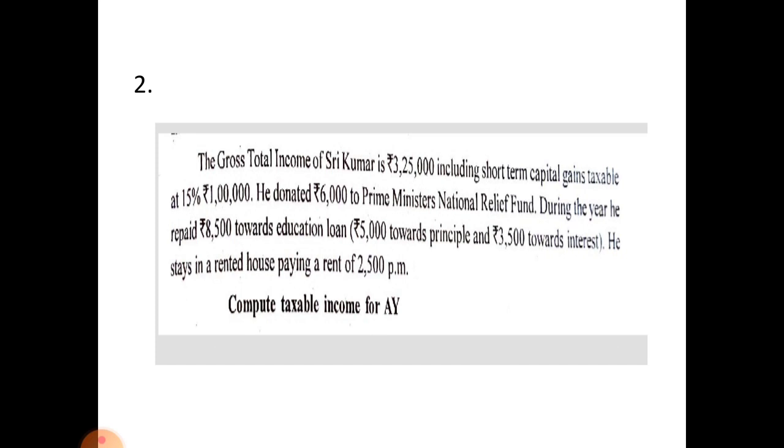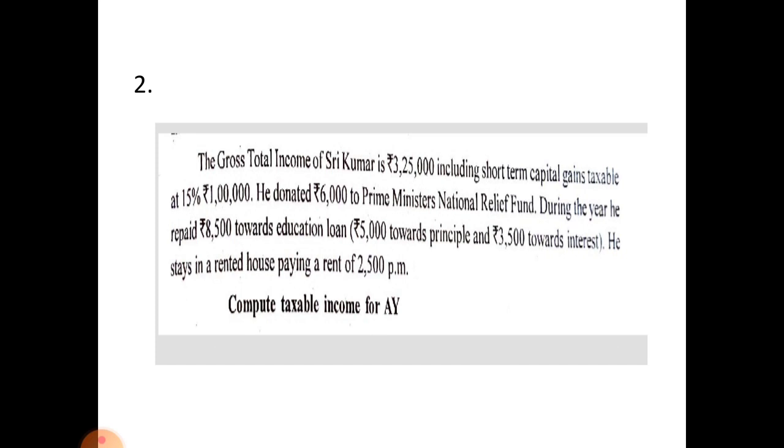During the year, he repaid 8,500 towards education loan, that is 5,000 towards principal and 3,500 towards interest. He stays in a rented house paying a rent of rupees 2,500 per month. Compute taxable income for the assessment year 2020-21.